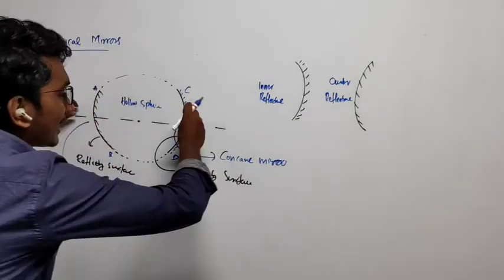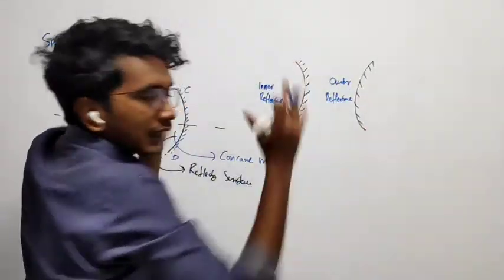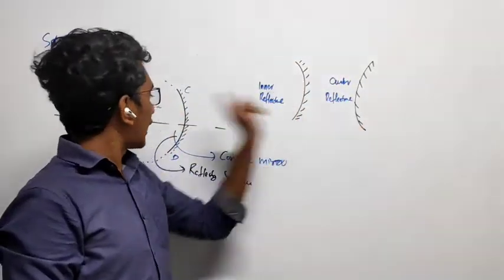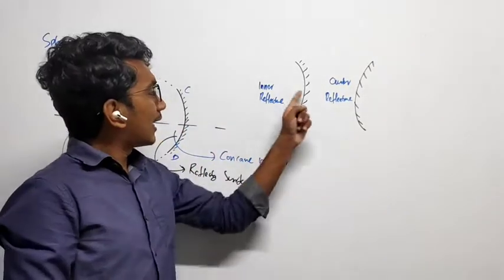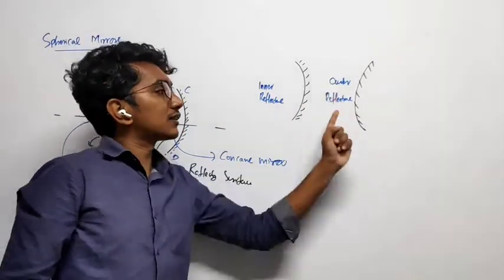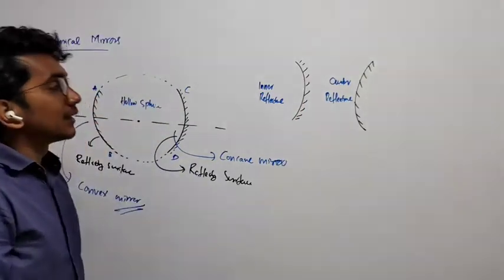So I take both of them and keep them here. This is AB and this is CD.